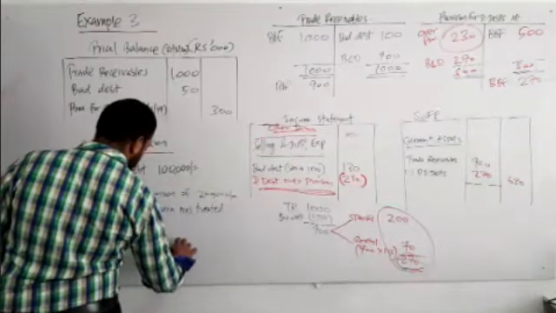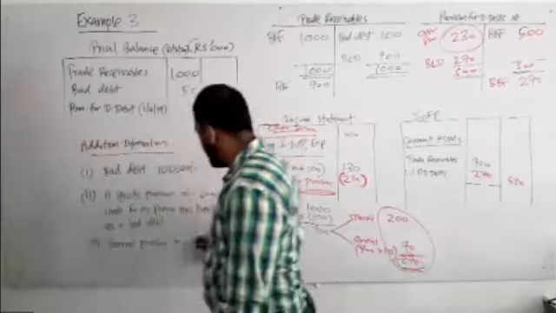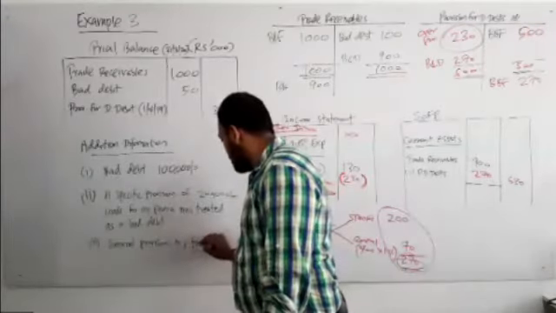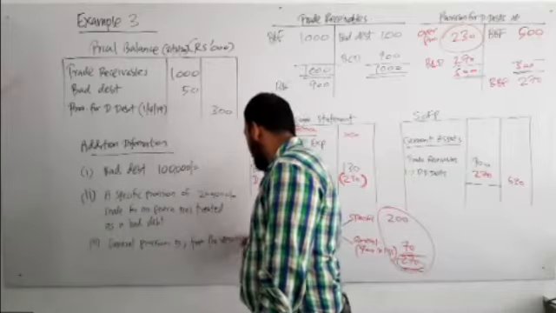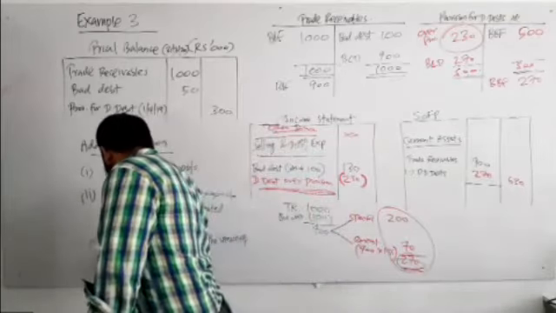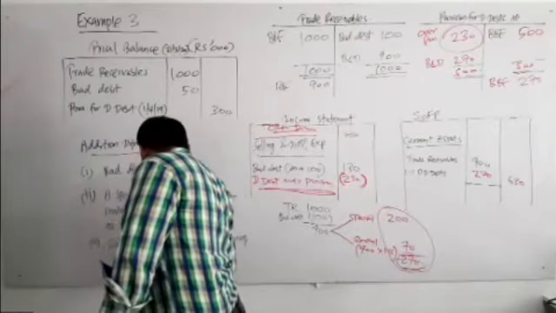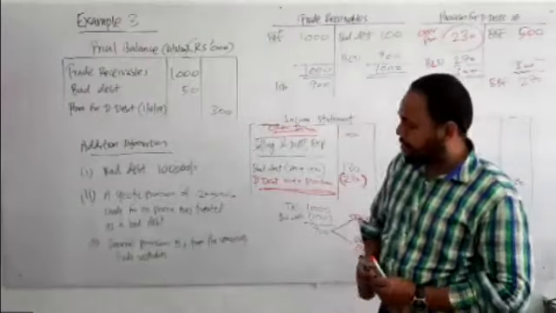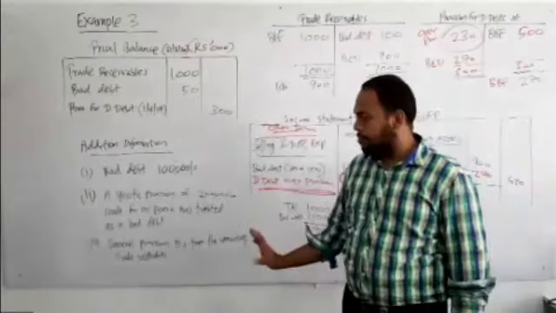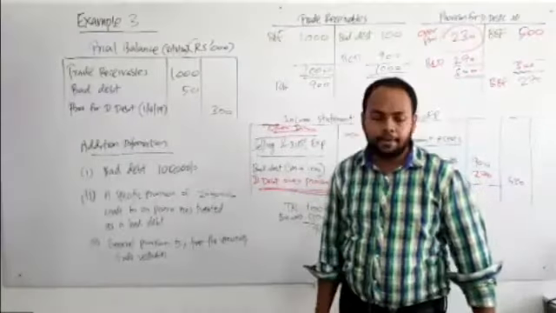General provision is 5% from the remaining trade receivables. So here in this question we have a specific provision that becomes a bad debt.